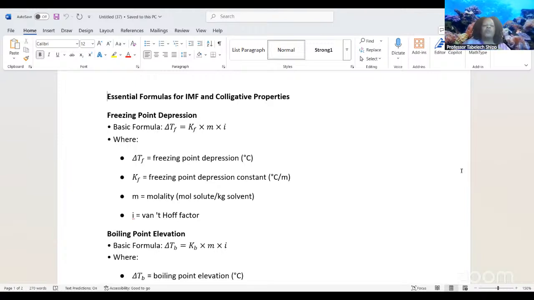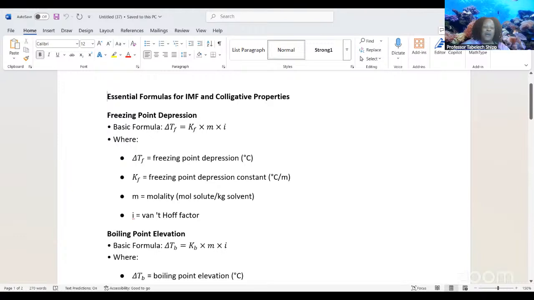Then we also look at the solvent, which is the thing that's dissolving the solute. So if I have sugar and water, sugar is the solute and water is the solvent. Then you also have the i, which is called the van 't Hoff factor. We'll delve a little deeper into that later on.